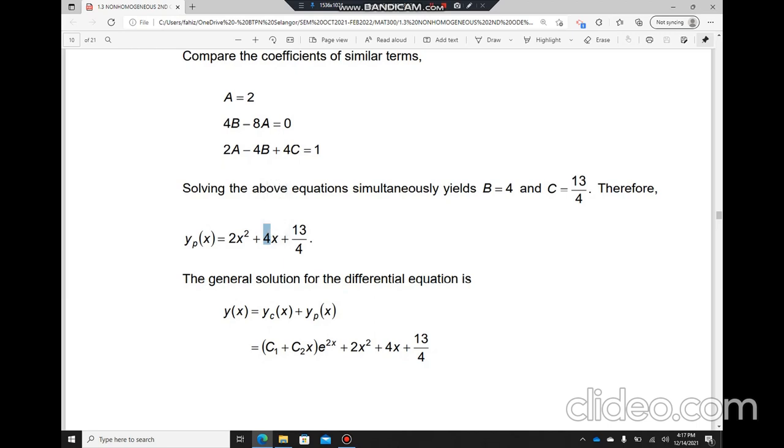So the general solution for the differential equation is YC plus YP. So ambil balik YC yang atas tadi, yang sebelah kiri, and then plus YP. So this is your general solution.